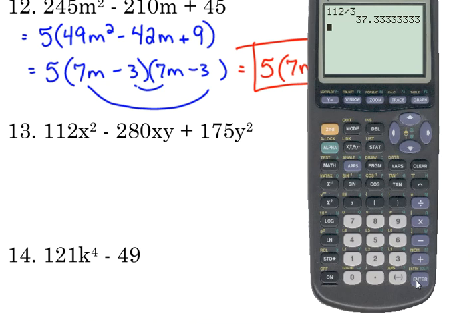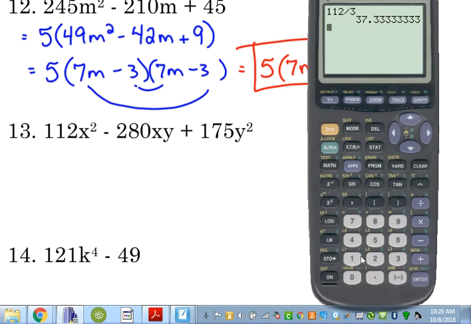Y'all find out what those are divisible by. All right, what's the GCF? You think it's 4?